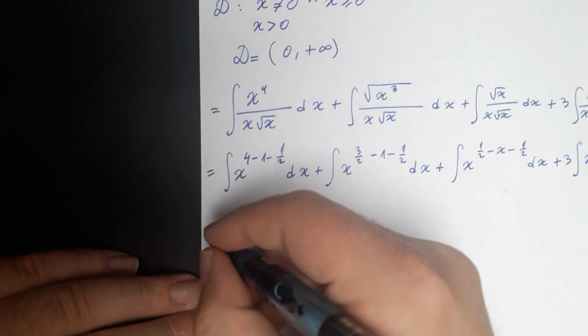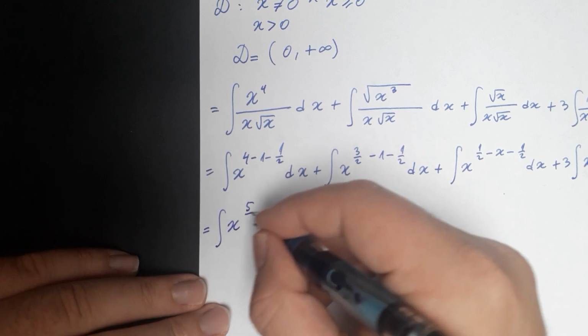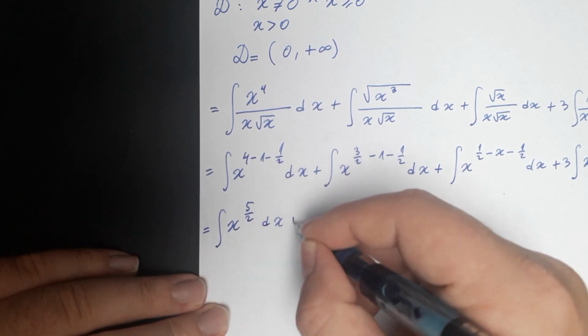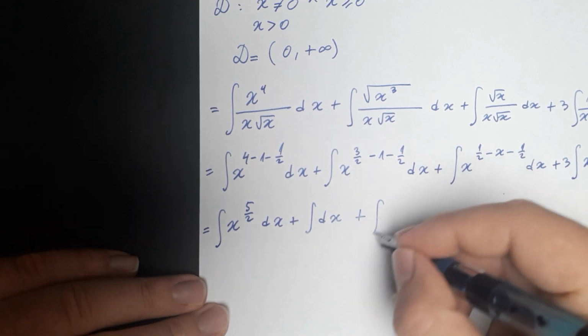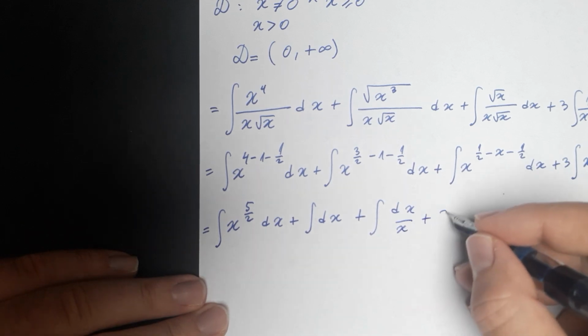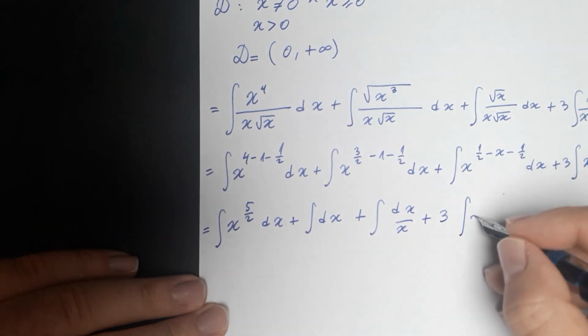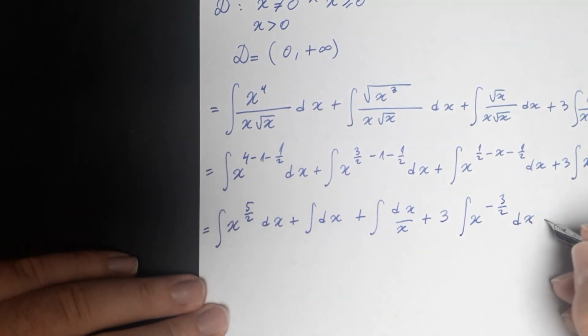This is then equal to an integral of x to the power 5 divided by 2 dx, plus an integral of dx, plus an integral of dx divided by x, plus 3 integrals of x to the power negative 3/2 dx.